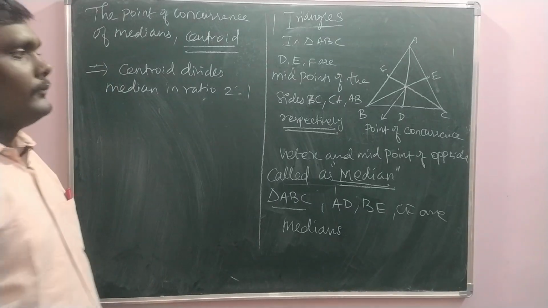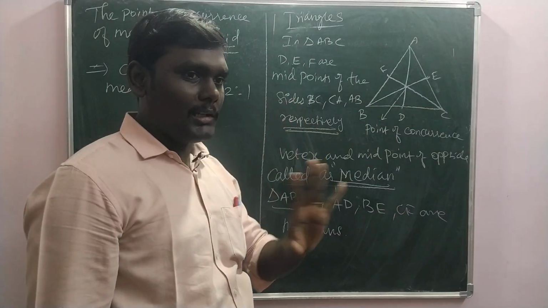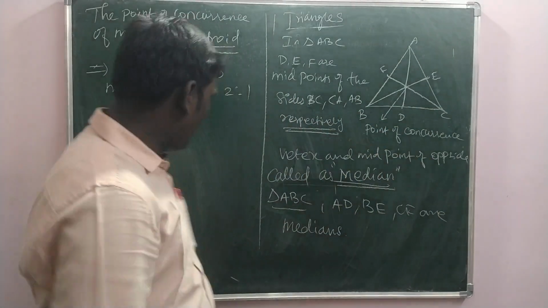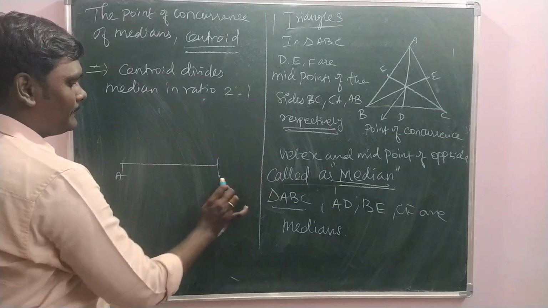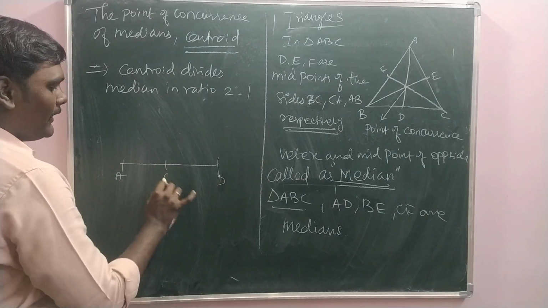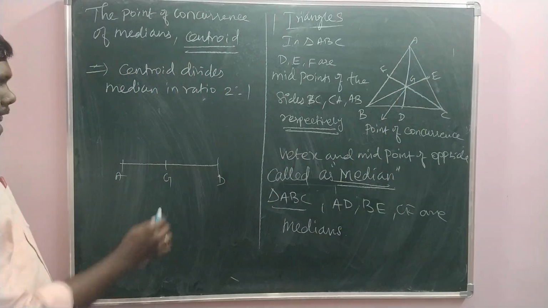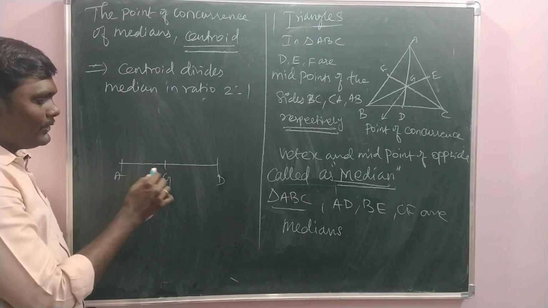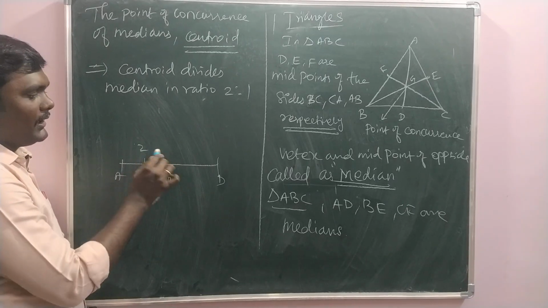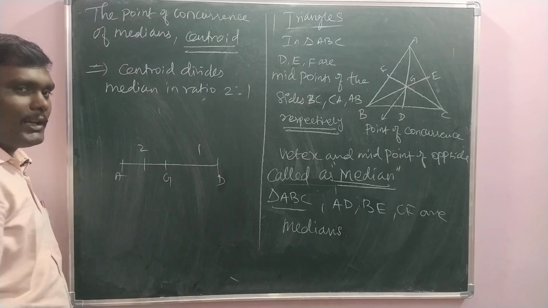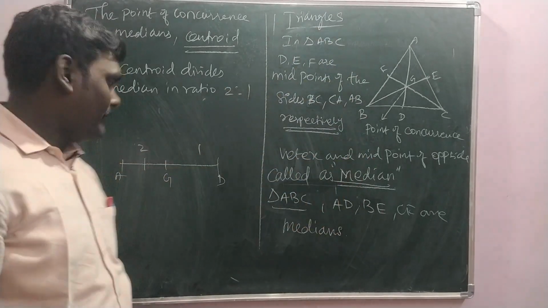That means before the point two parts will be there, after the point one part. Here I am writing the line segment AD. Here our centroid is there, right? Most likely we will use the letter G. So when we divide this line into three equal parts, before the point two parts, after the point one part. That is the meaning. But don't bother about it. These are just results we will be using.